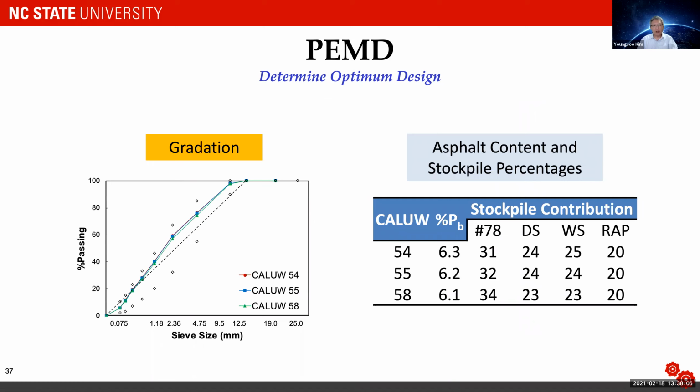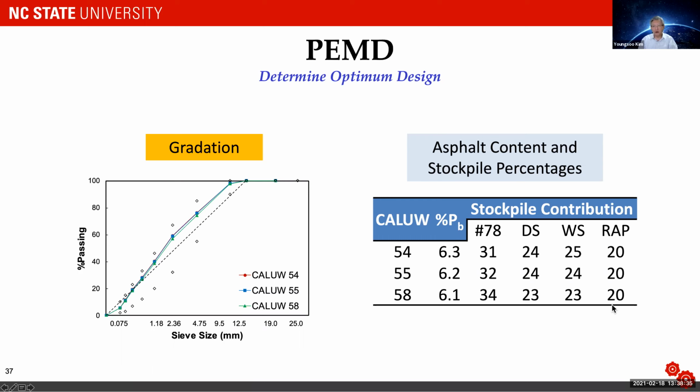So once you know that, then we can use the FlexMix program to calculate the stockpile contribution from different aggregate stockpiles. And we have 3 different candidates here for 3 different gradations, colors 54 to 58. Color 54 requires, that's a finer mix, 6.3% optimum asphalt content, and you need to have these proportions from 4 stockpiles.